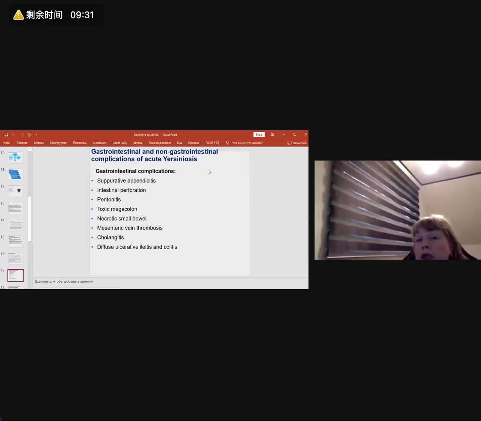What else? Toxic megacolon, necrotic small bowel, mesenteric vein thrombosis, cholangitis, diffuse ulcerative ileitis and colitis. And doctors, usually old patients may have mesenteric vein thrombosis and necrotic small bowel.